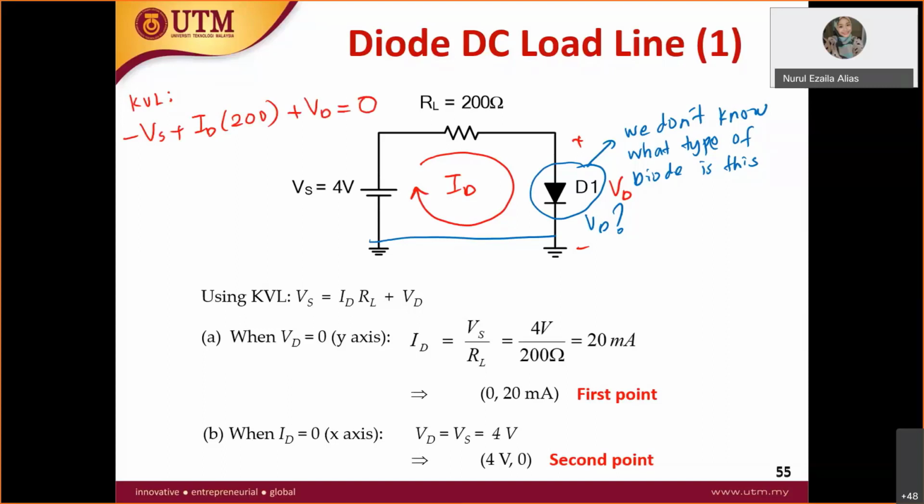So this equation turns into VS equals 200 ID plus VD.